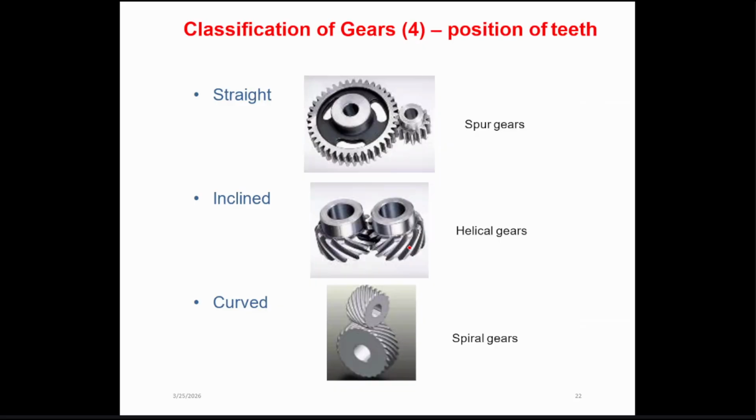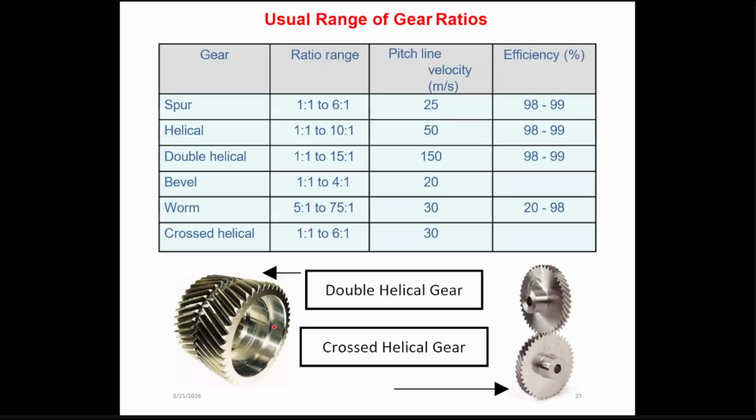And as we discussed, we have straight profiles, inclined, helical, and curved profiles, spiral gears, right? So this is quite important. As you can see, we can handle up to six as the velocity ratio, especially using spur gears.